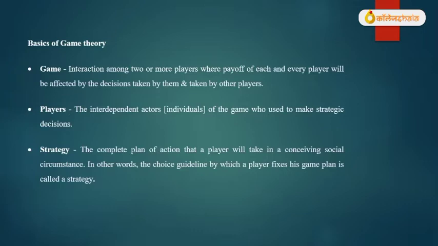Next thing is players. If we are talking about the interaction between players, we need to know who these players are. Players are the independent actors of the game. There are some interdependent individuals who are actually dependent on each other, and they are facing the game.